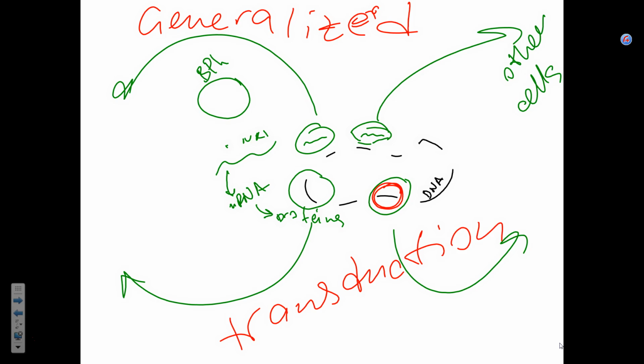Okay? Now, I'm kind of giving you a heads up. So this cycle, when bacteriophage enters the bacteria and blows it up during the replication, is called the lytic cycle. It makes sense that it's lytic, correct?